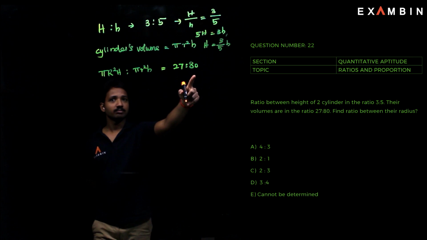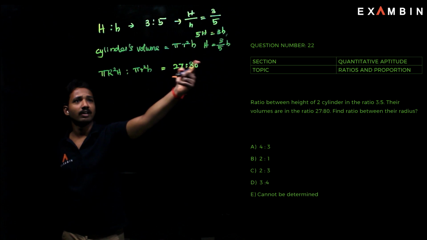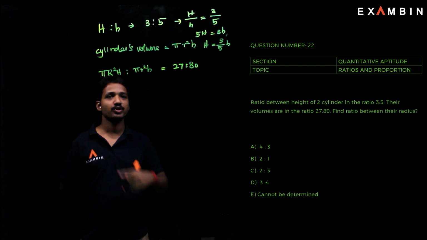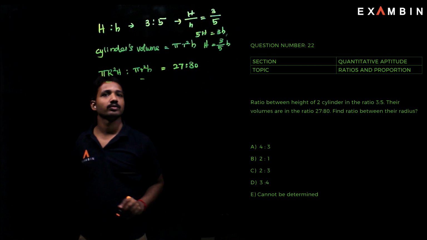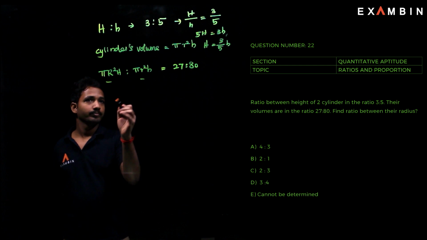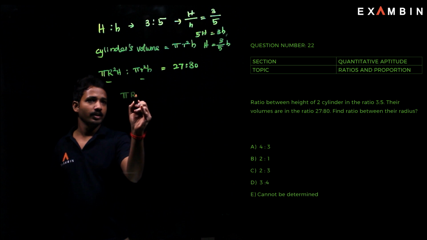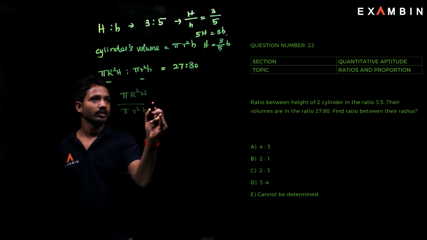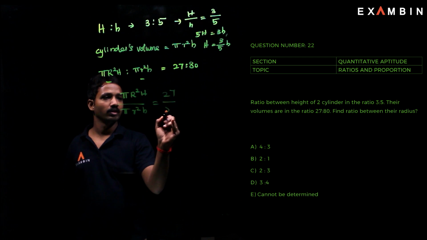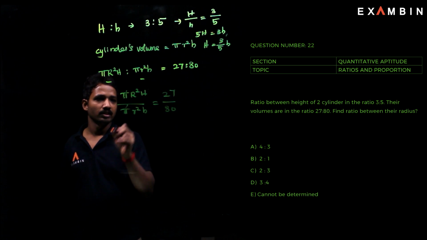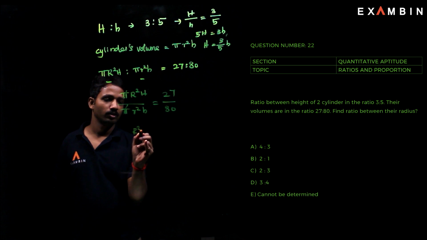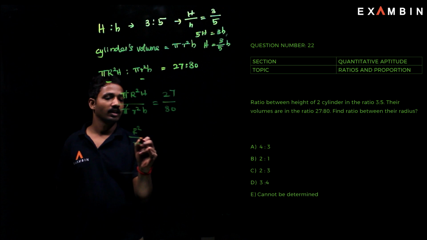So why am I finding this? Because we can substitute the value here and find the ratio between the radii. Pi capital R square capital H divided by pi small r square small h is equal to 27/80. Cancelling these, R square and r square remain.